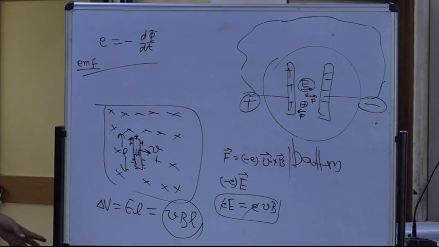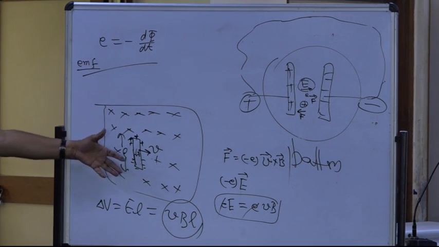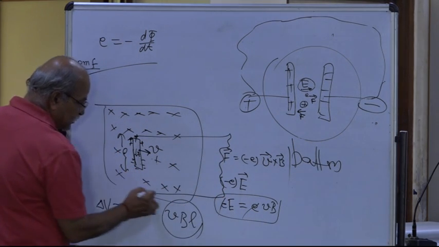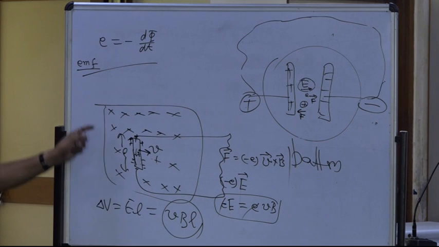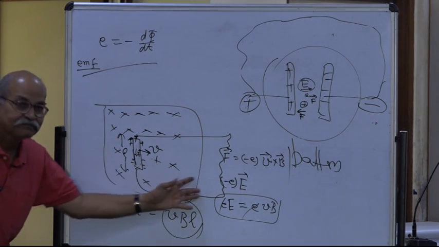It's like a battery. There is a driving force, there is an electric field, there is a potential difference. In open circuit, this potential difference is the same as the EMF. If you connect it to some kind of resistance, current will flow. Current flowing means the electrons will go from here.